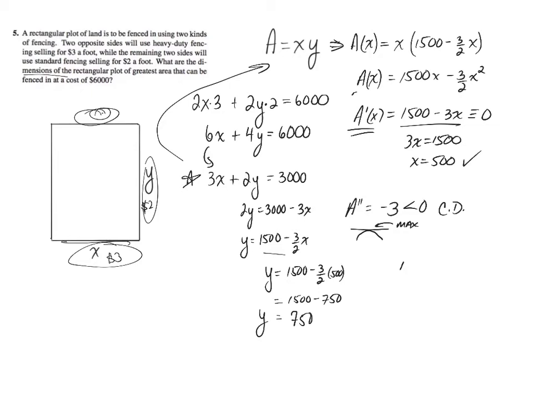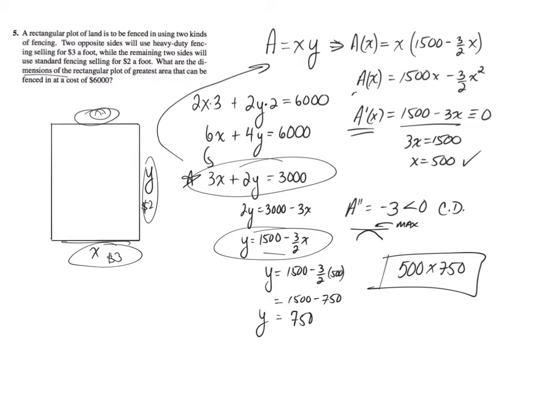So our plot should be 500 by 750 for maximum area. So a pretty straightforward approach, again using the constraint function to express one of the variables in terms of the other, and then straight up derivative, set it equal to 0, and verify that it's a max or a min, whatever the case calls for.